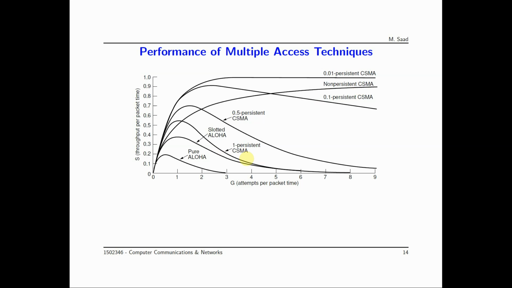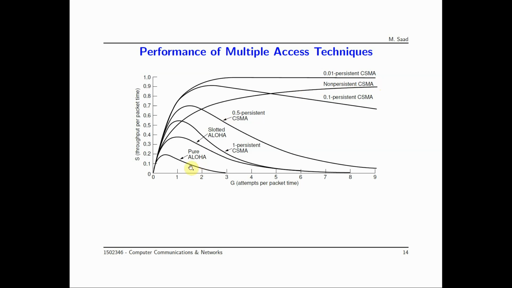In one persistent, these two stations would keep waiting, and then they will eventually start transmitting together once they find the channel becoming idle. But in non-persistent, if two stations sense the channel and find it busy, they would both back off, wait for random times, and then come back possibly at different times to start over again by sensing the channel. So this is regarding non-persistent.